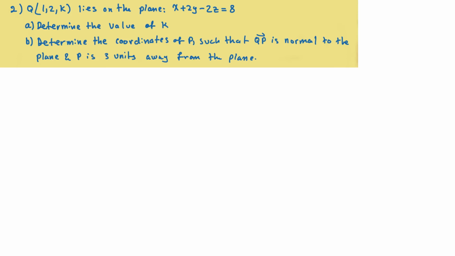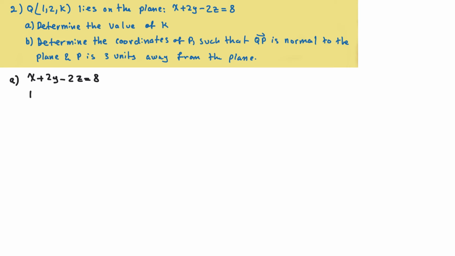For our second question here, we're told that we've got a point Q, which has coordinates 1, 2, and k being an unknown value, which lies on this plane over here. The first part of the question asks us to determine that value of k, and that's not too bad because we know that if point Q is on the plane, that means x plus 2y minus 2z is equal to 8.